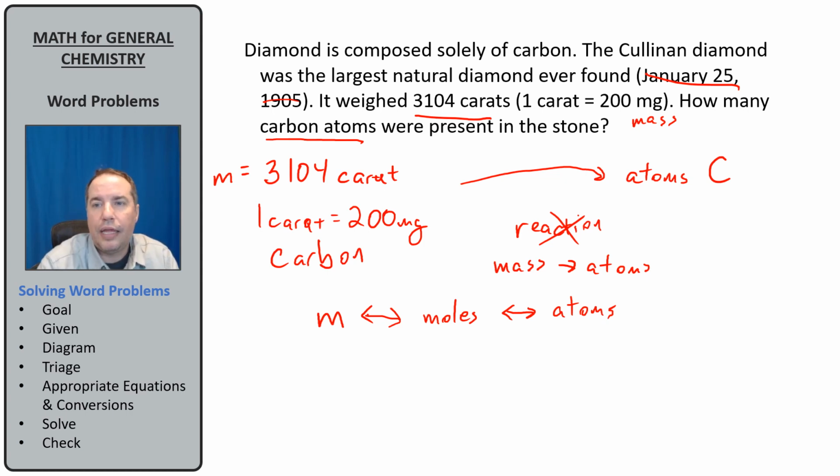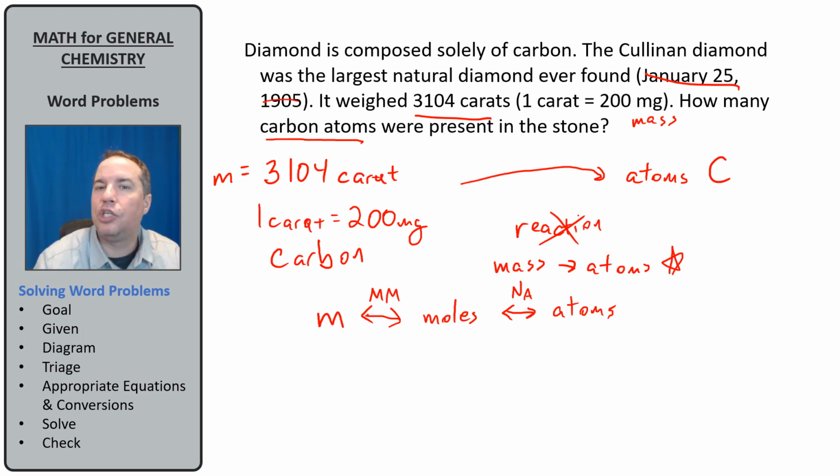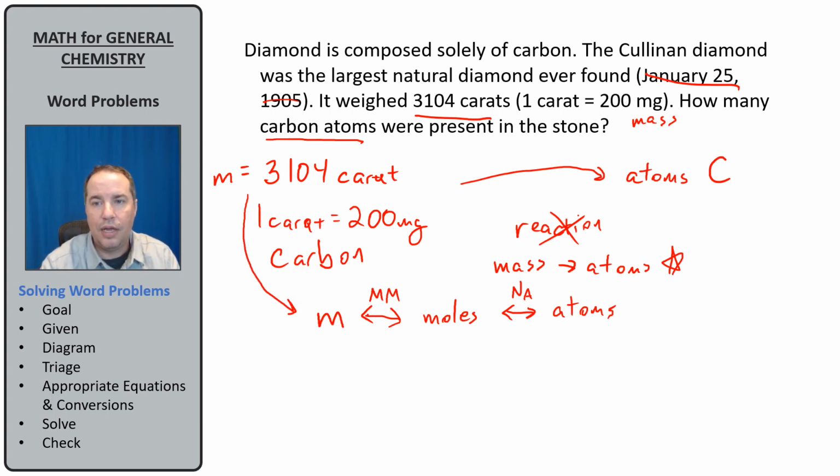And so here we know that this is based on the molar mass of, in this case, carbon. And the number of atoms is based on Avogadro's number. Okay, so as soon as I know what type of problem it is, I can start saying, okay, how am I going to do this? Now I think, I'm going to convert this into a unit of mass I can use, then convert that to moles, and then finally to atoms.